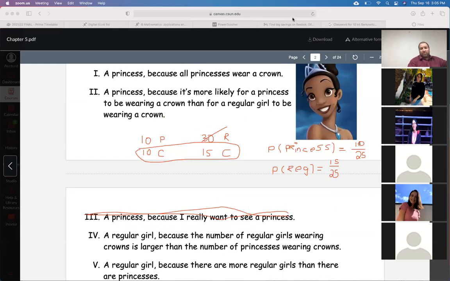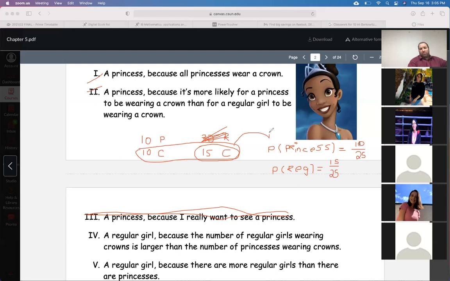You can see the probability is higher, which immediately throws out 1 and 2, which is good because no one said those. And let's look at the reasoning behind 4 and 5. 5 says it's a regular girl because there's more regular girls than there are princesses. That's true, but I'm not using that number. I don't care how many regular girls I have. What I care about are how many regular girls are wearing crowns.